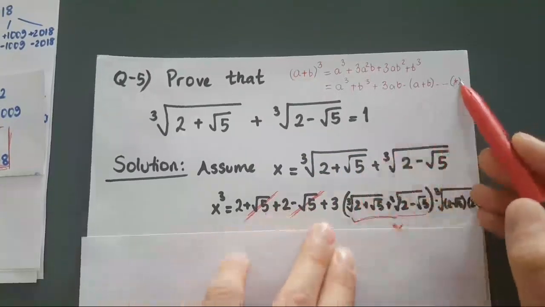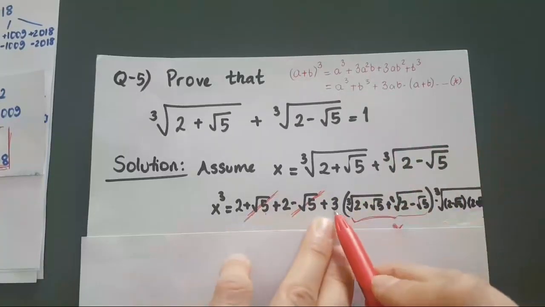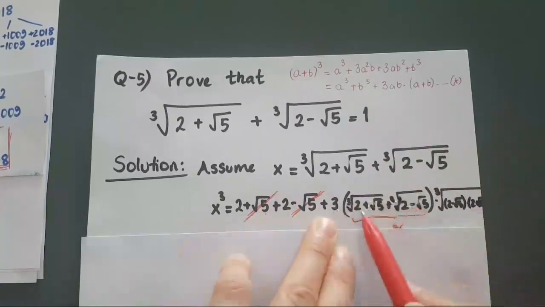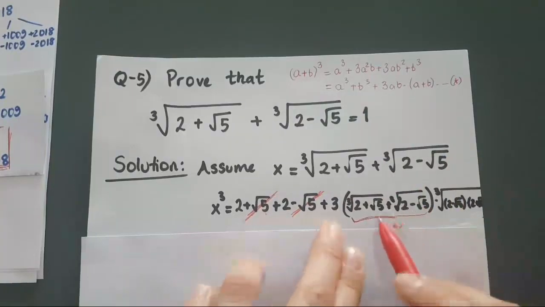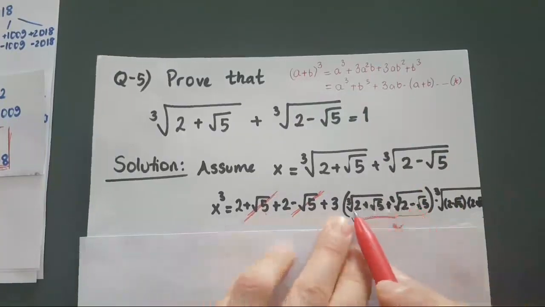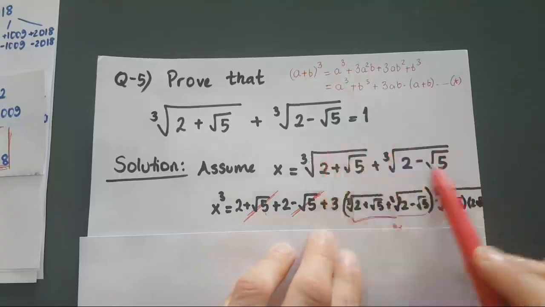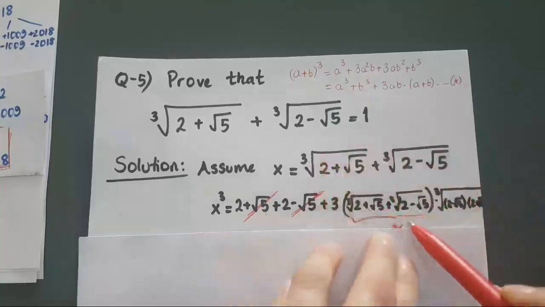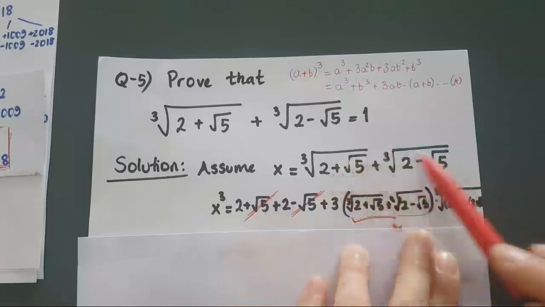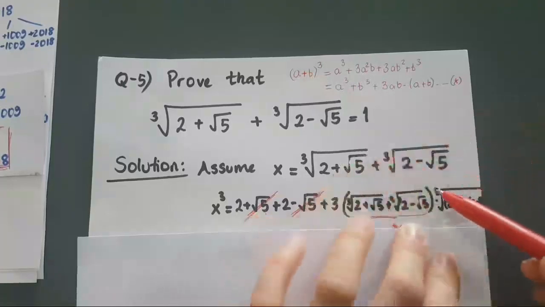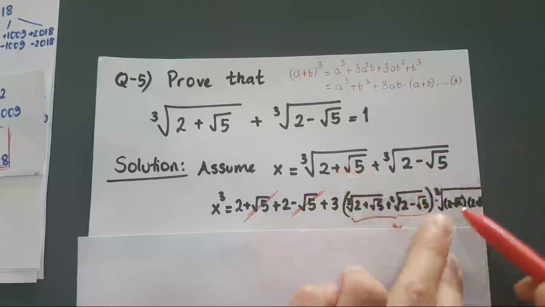Then you see I'm using this form, plus 3 times a times b. First a plus b I have written. Okay, a plus b, which is x. I just copy it down, which is x, times the product of first and second terms, cube root of, in brackets, 2 minus root 5, 2 plus root 5.